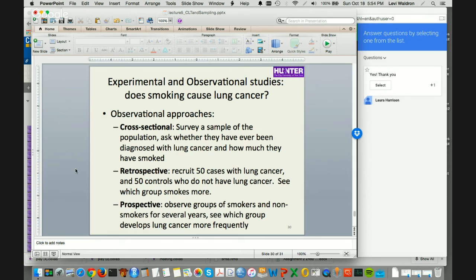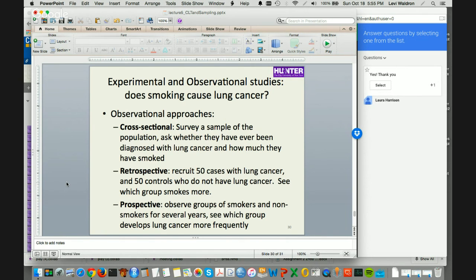And then finally, the prospective approach would be to observe groups of smokers and non-smokers for several years to see which develops lung cancer more frequently, which of course would take a fair amount of time and a fairly large study, because even among smokers, lung cancer is not a terribly high prevalence disease.